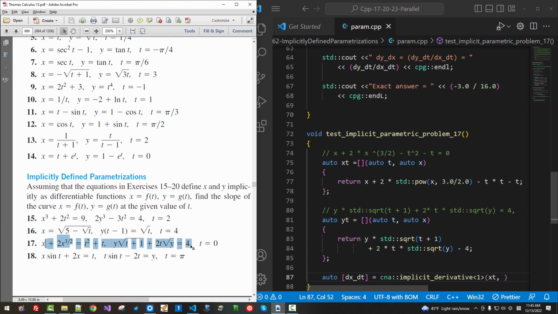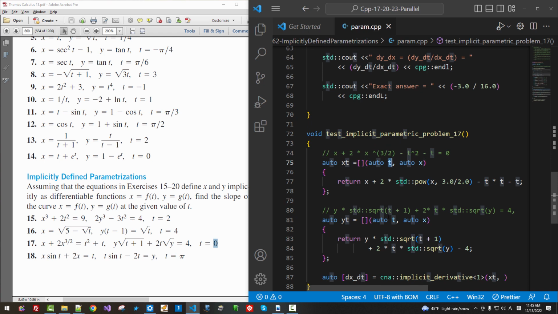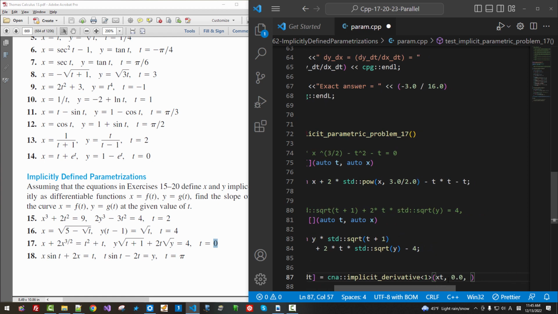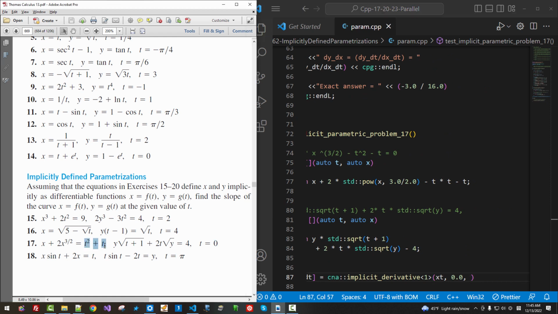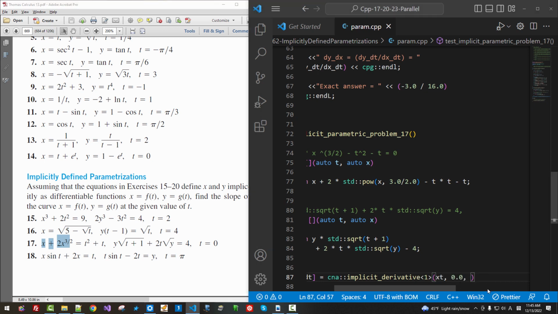In this problem, t is 0. The value of t is 0.0. Okay. If we substitute 0 for t, then x is also 0. So 0.0.